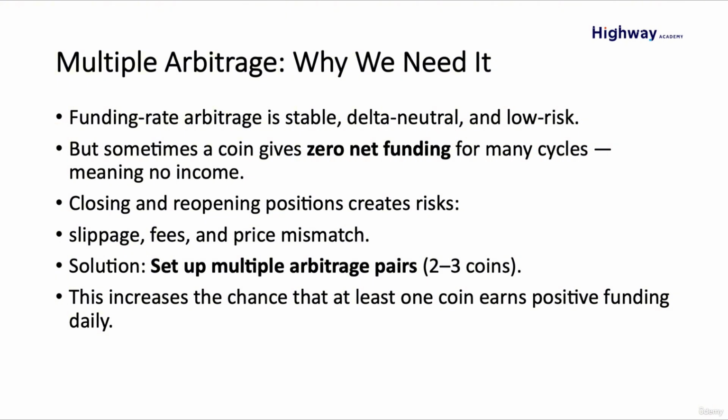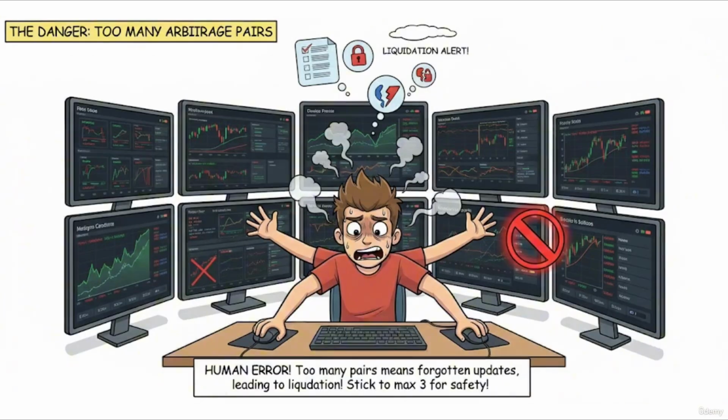The answer is simple: set up multiple arbitrage positions. Instead of opening just one arbitrage pair, you can open 2 or 3 different arbitrage positions on different coins. This significantly increases the chance that at least one of your coins is generating positive funding in every funding cycle. Even if one coin earns zero, another coin may still be positive.